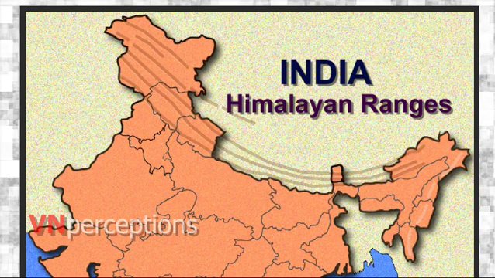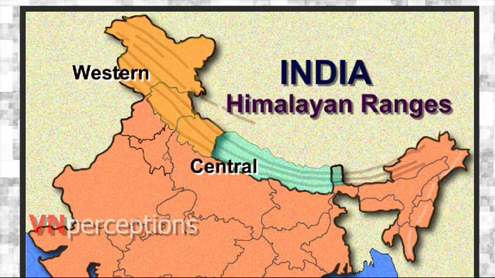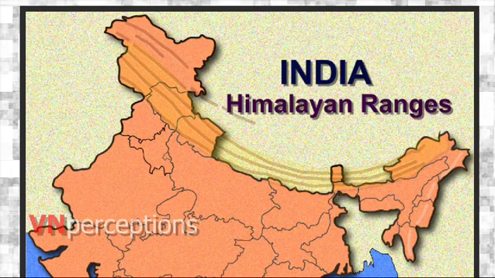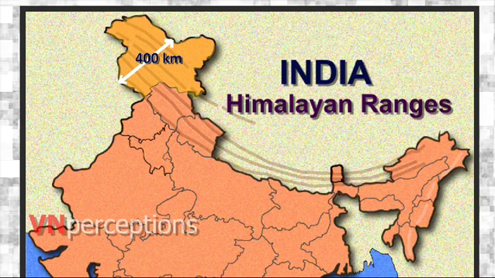From west to east, the Himalayas are divided broadly into three mountainous regions, that is, western, central, and eastern. The Himalayas are 2,400 kilometers long, and their width varies from 400 kilometers in Kashmir to 150 kilometers in Arunachal Pradesh.